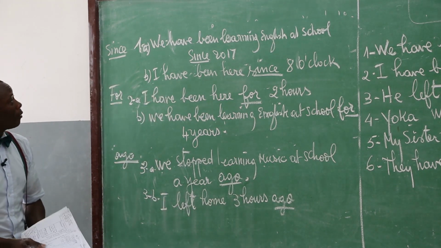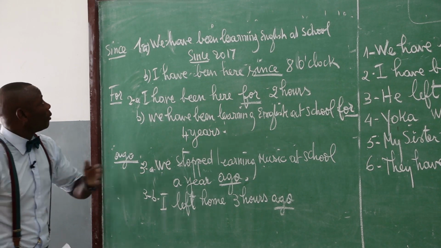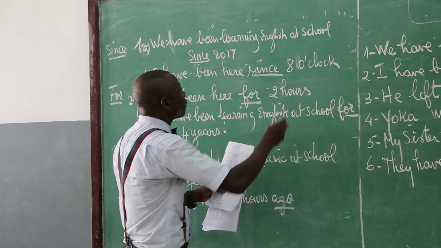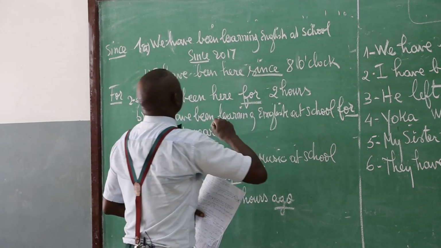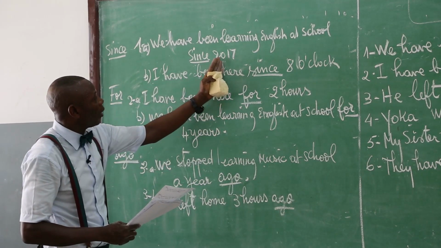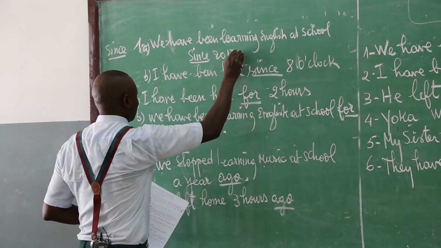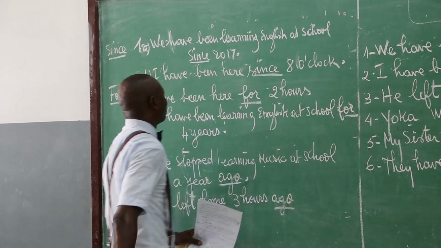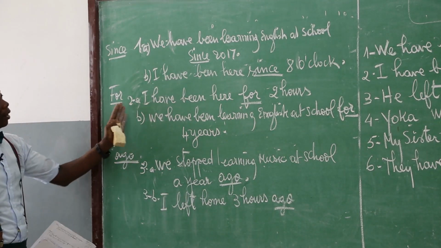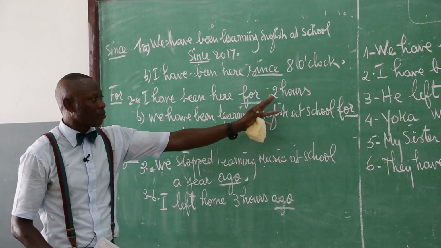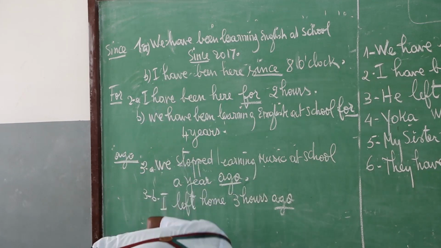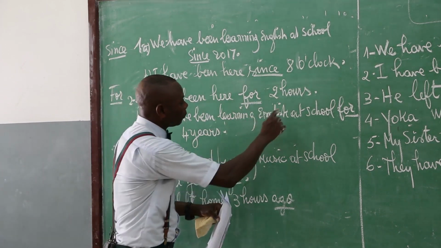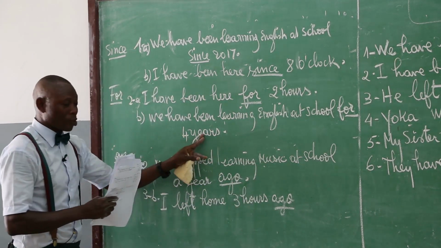Okay, let's read the sentences. We have been learning English at school since 2017. I have been here since 8 o'clock. I have been here for 2 hours. And then we have been learning English at school for 4 years.